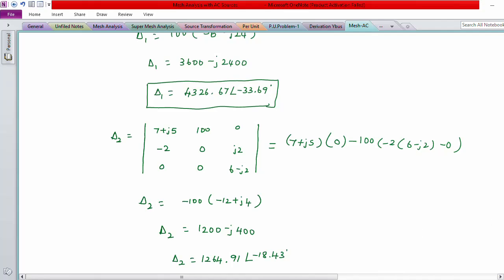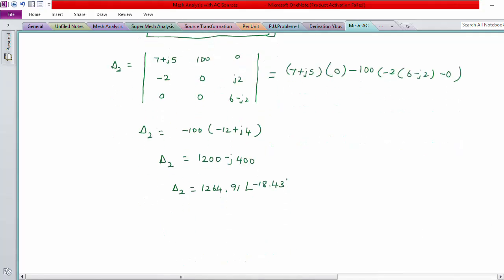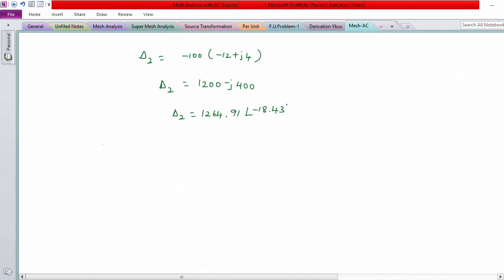Similarly, we have to calculate the delta 3 value. So for delta 3, we can replace the third column with the B coefficients by keeping column 1 and column 2 as it is: 7 plus j5, minus 2, 0; minus 2, 6 minus j2, j2; 100, 0, 0.